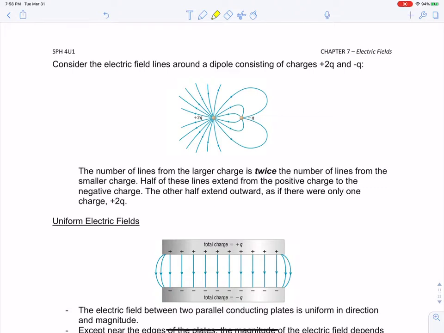So again, we're going from positive to negative. But the pattern is much different now because the positive charge is twice as big as the negative charge. The other half extend outward as if there was only one charge. These are acting as if there's only one charge. They're almost unaffected by this much smaller negative charge.